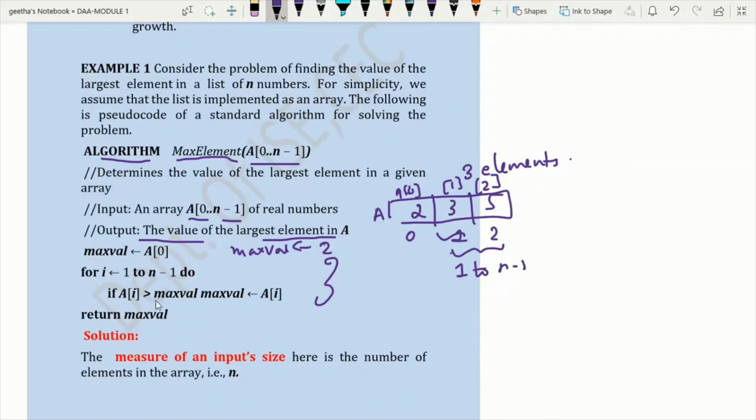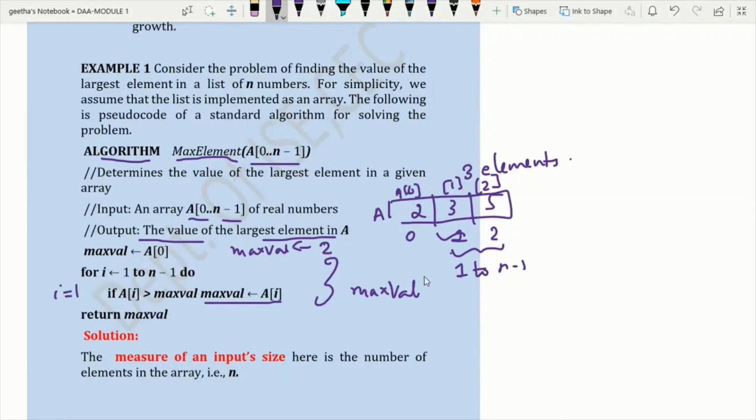If A[i] is greater than maxval, then maxval equals A[i]. Initially i equals 1, so here A[i] is A[1].